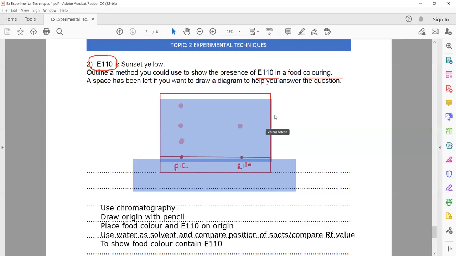Is this experiment clear? Whenever you draw a diagram, it should be a labeled one.